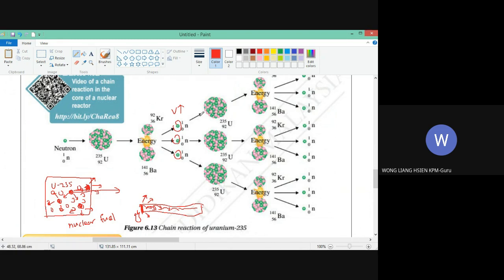It will just pass through the uranium-235. If it's too fast, it will just penetrate through. Remember, the neutron must go inside and be absorbed by the uranium-235, so the uranium-235 becomes uranium-236, and then it will become very unstable and it will split.